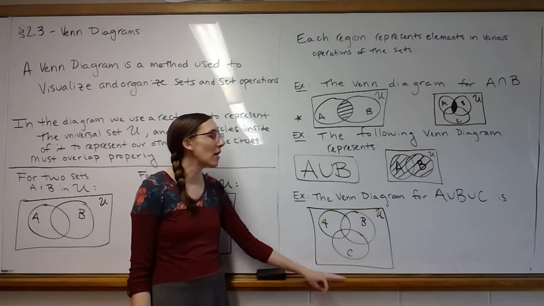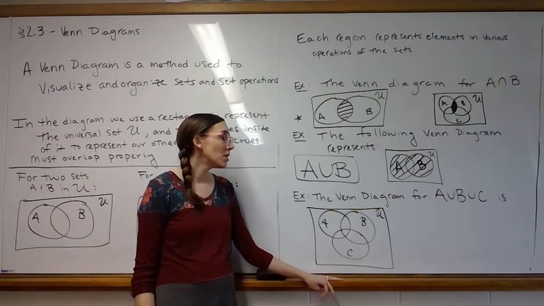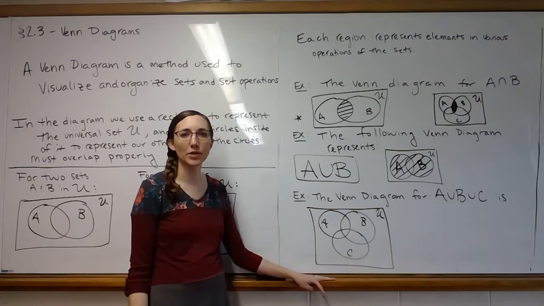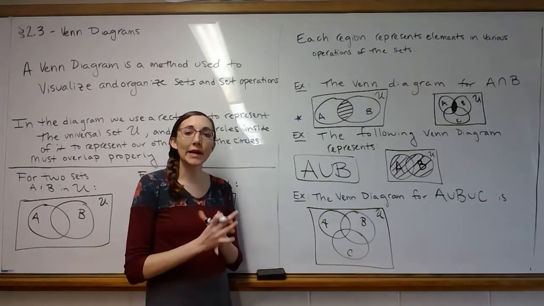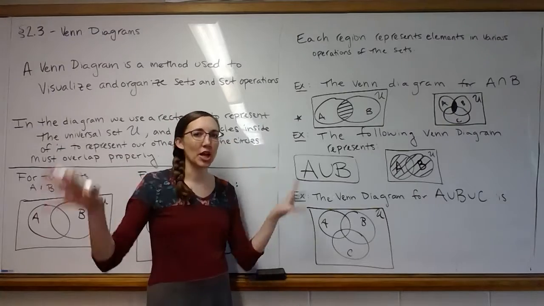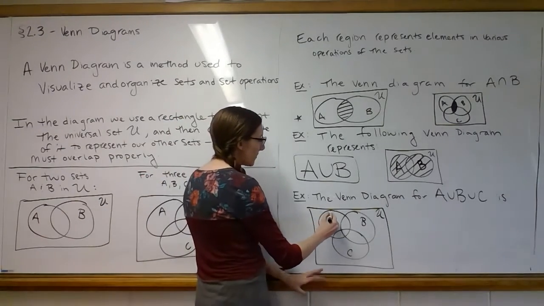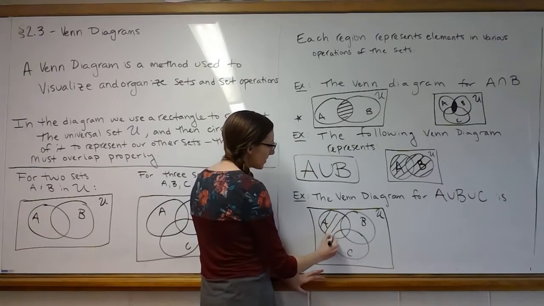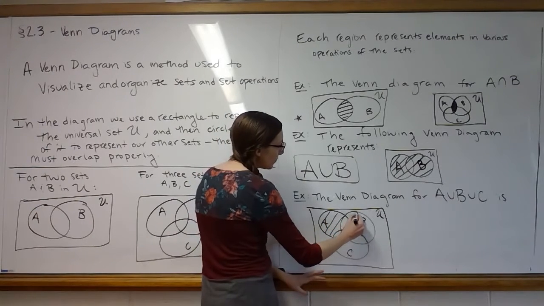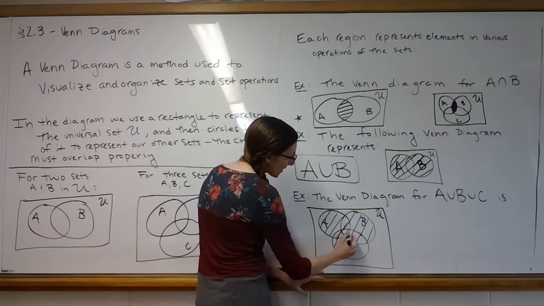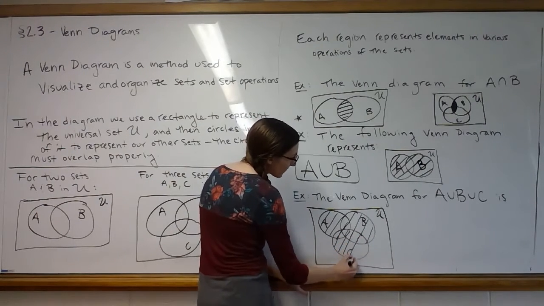And then we think over there of what this means. So unions, just like the previous example we just did, says join the things together. So shade anything in any of them. Anything in A gets shaded. Anything in B gets shaded, and anything in C gets shaded.